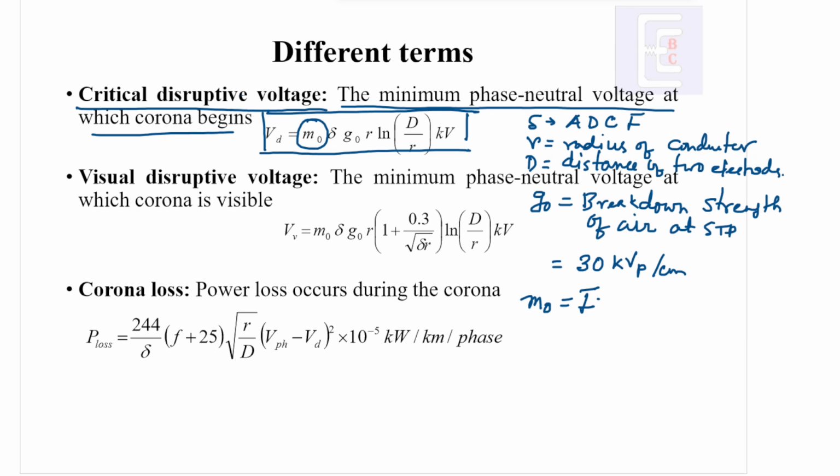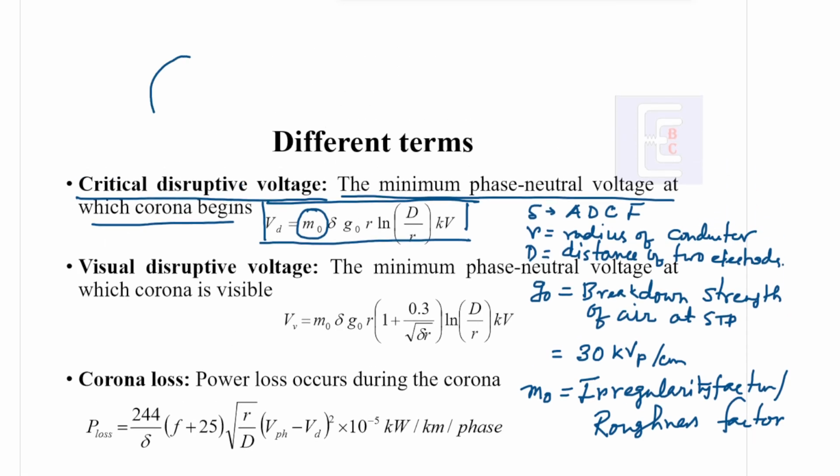M0 is called the irregularity factor or roughness factor. What is that? Suppose we have a conductor like this.